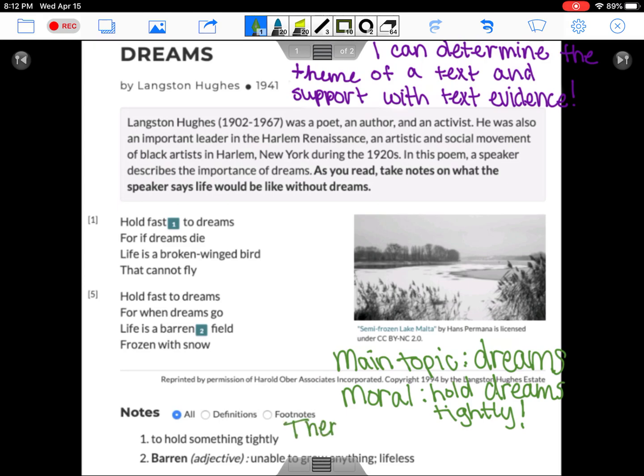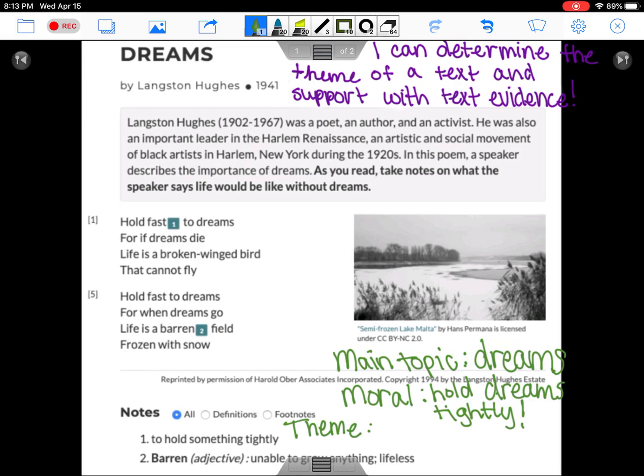Alrighty, team members, for the theme, give myself a little more space over here. We need to decide what the speaker of this poem is trying to tell us about dreams. So when I look through all these things, I look through what the moral is telling me to do. I look through what the figurative language, what these metaphors are telling me.